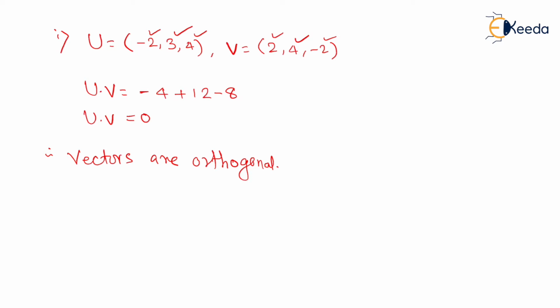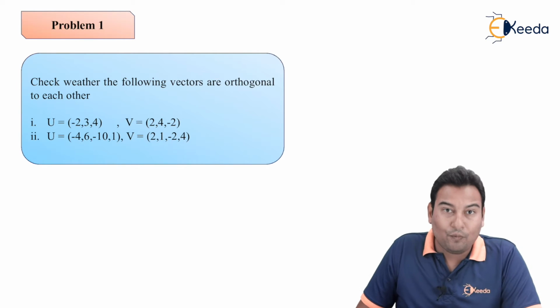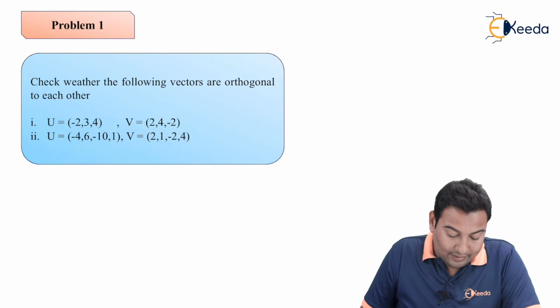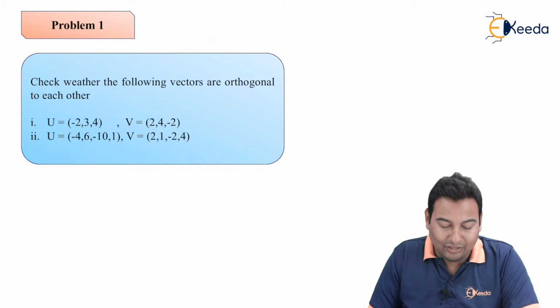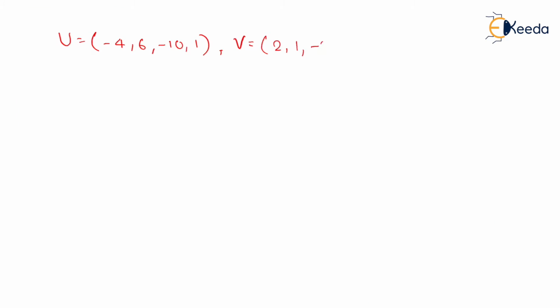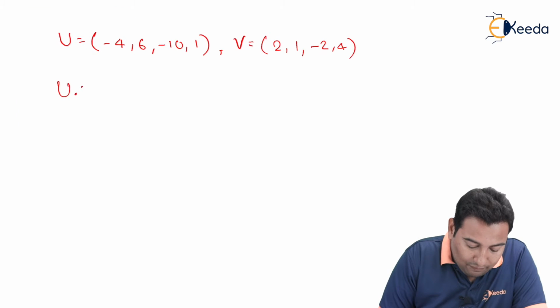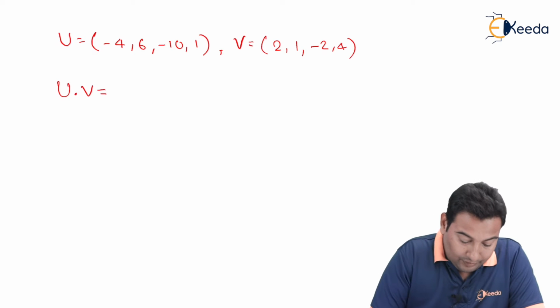Let's discuss the second example. u is equal to minus 4, 6, minus 10, 1 and v is 2, 1, minus 2 and 4. Again the same story, we need to find u dot v.